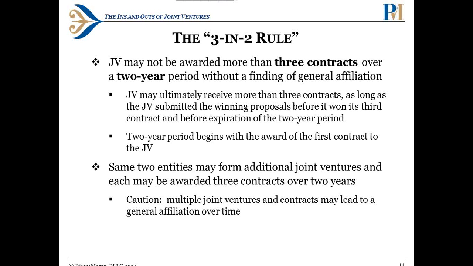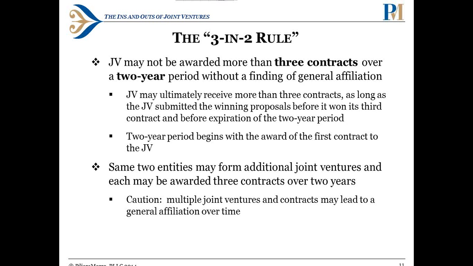So conceivably, you can receive more than 3 contracts as long as the joint venture submitted these winning proposals before it either won its 3rd contract or before the expiration of that 2-year period, whichever comes first. All right, so this is a change from the way it used to be, and it's a tiny bit confusing.